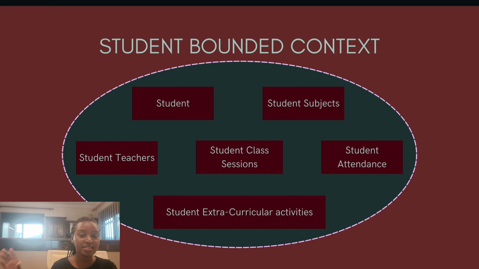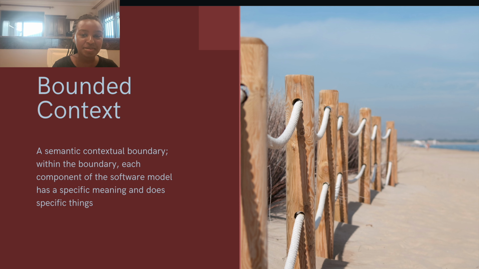We may have other things that pertain to a class, for instance, the blackboards they have, how many chairs they have. All these are details involved in a class, and those belong to a class bounded context, and we should not have a situation where things from the class are spilling over to the student and vice versa. So design it in a way that it contains everything that's required, nothing more and nothing less.